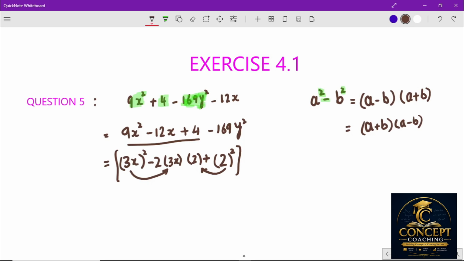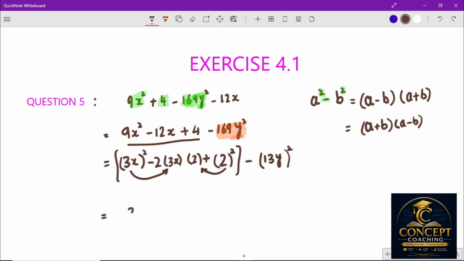This is minus 169y square, and this is also the square of 13. So we write it minus 13y whole square. Now this is 3x square and 2 square, so this is of the form of a minus b whole square.